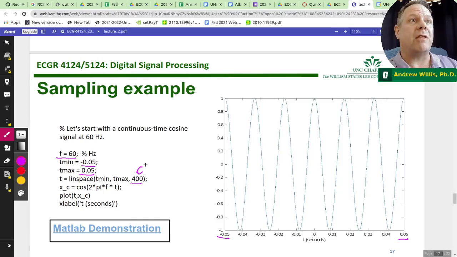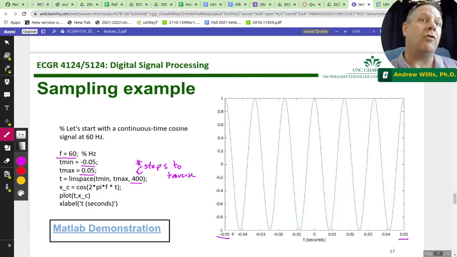So 400 steps is the number of steps to traverse that interval. This will create a sequence of values of t that are going to traverse that interval.